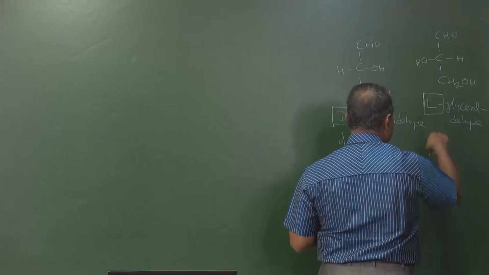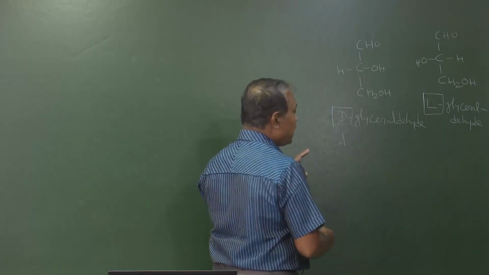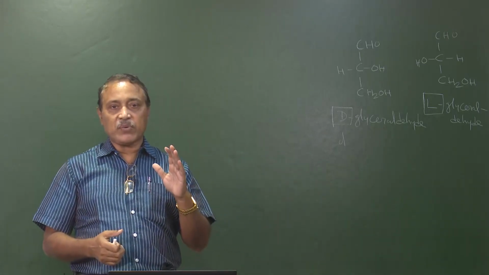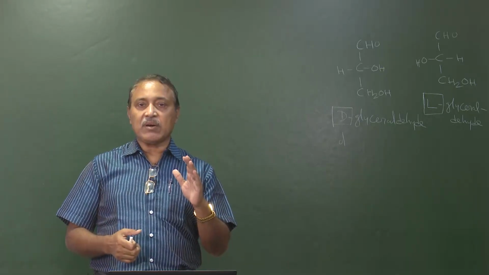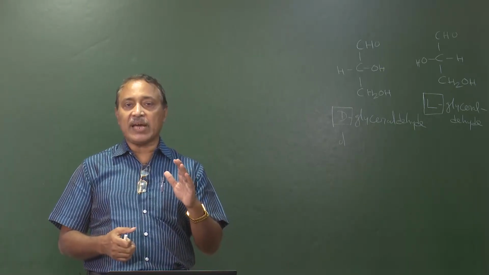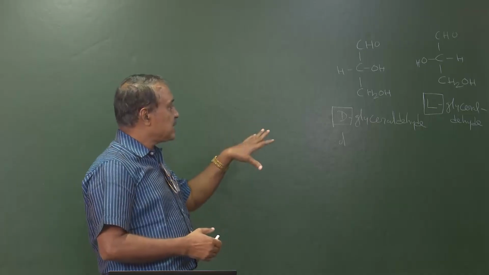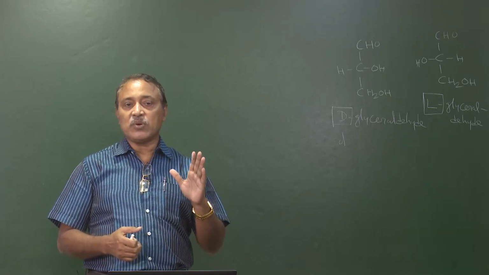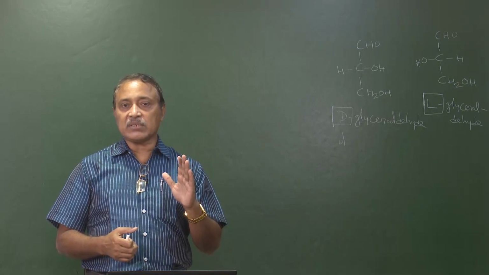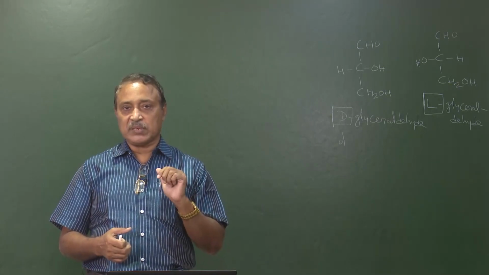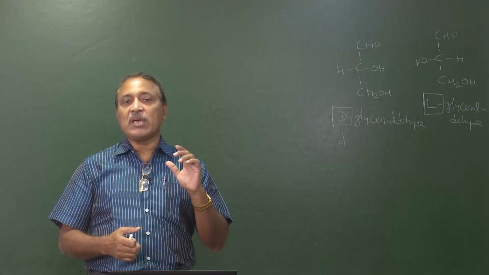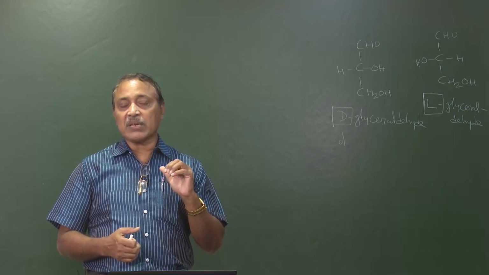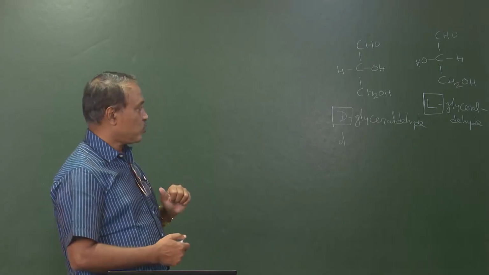So, any molecule we consider, we have to check whether it conforms with D-glyceraldehyde or L-glyceraldehyde. If it is similar to D-glyceraldehyde, then we consider this to be the D isomer. If it is similar to L-glyceraldehyde, then we can call it the L isomer.